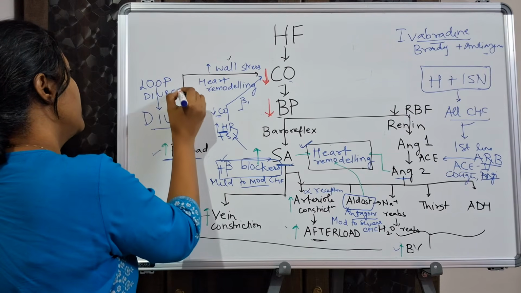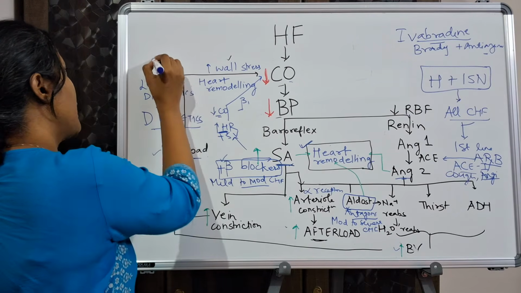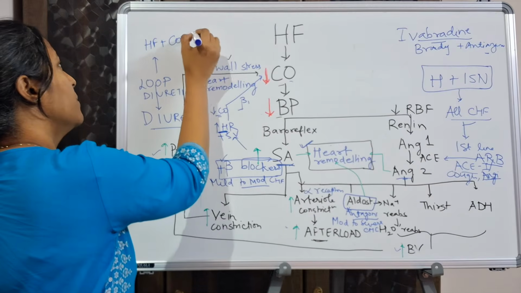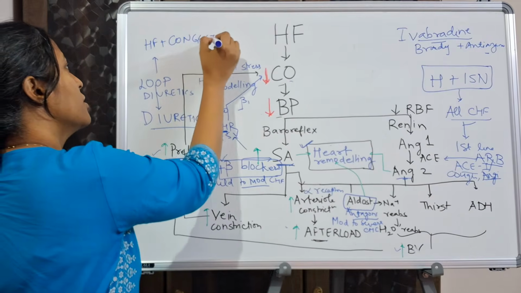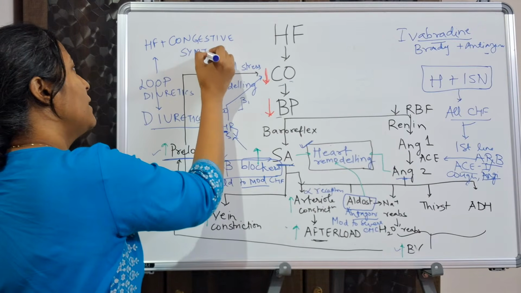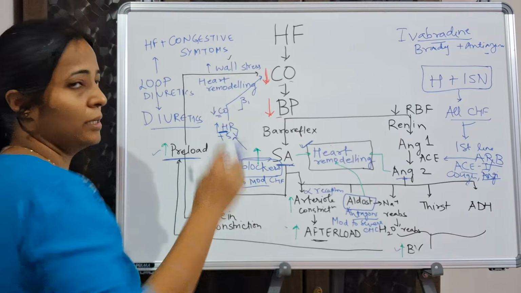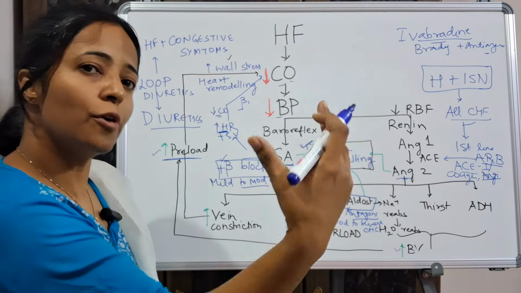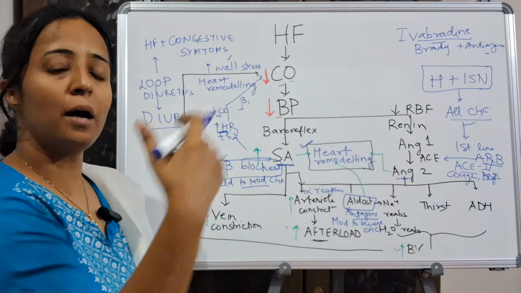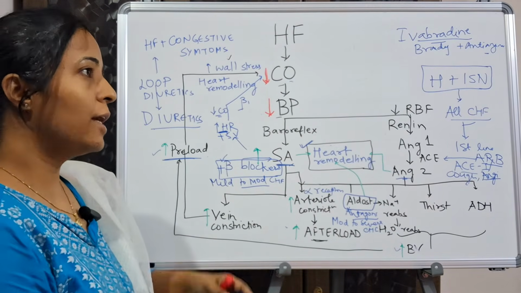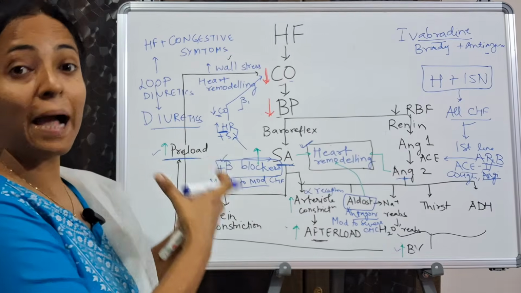When are they recommended? If there is heart failure plus congestive symptoms. What are these congestive symptoms? See, when heart is failing, left heart suppose is failing, so there is interference with the forward flow. It is not able to pump forward, cardiac output is not going forward, so there is development of the back pressure.